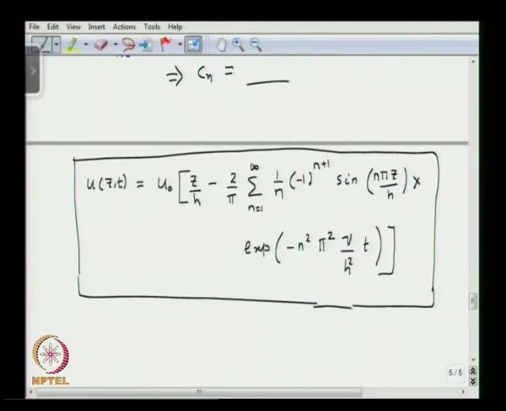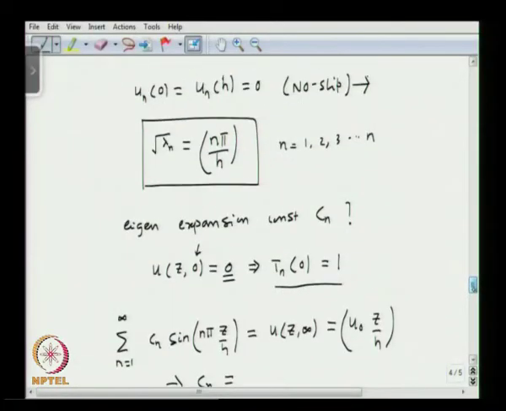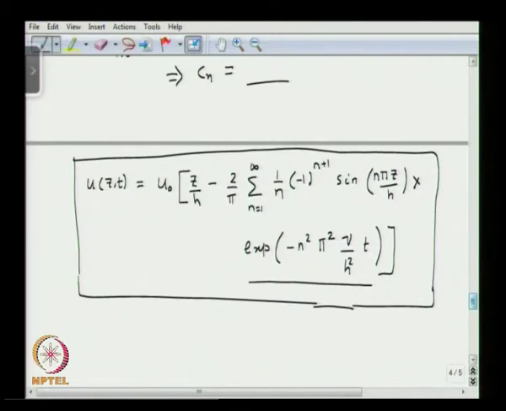As you see here, this is an exponential term which decays quickly as n increases. The best value of n for which this will have some quantity is n equal to 1, because we said that n varies from 1 to n here. As n increases it is going to decay very fast. That is what we see from this equation.